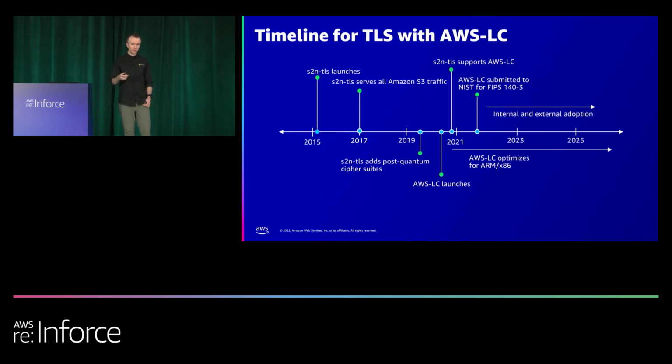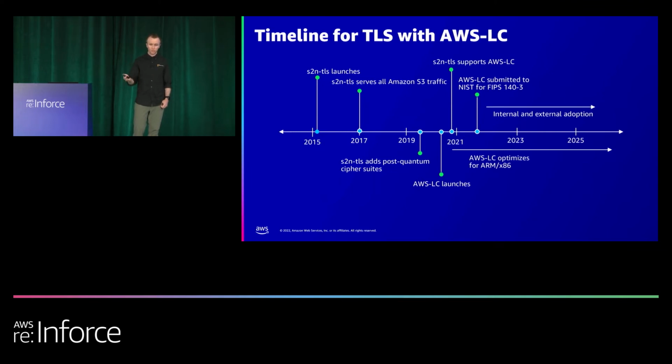With the advancements we were seeing by taking greater control of S2N TLS's algorithm implementations in cryptography, we began investing in our own cryptographic toolkit, and in 2019 we launched AWS-LC with the AWS Nitro Enclave's SDK for C. And shortly after launching, we began the work to migrate S2N TLS to AWS-LC.